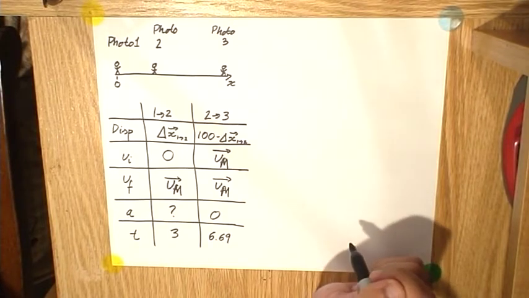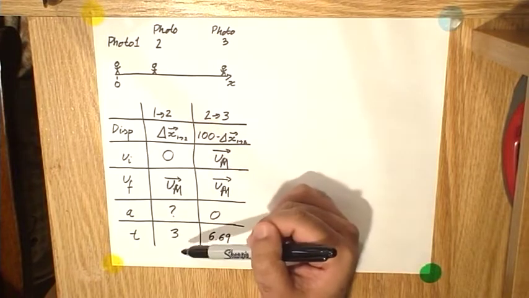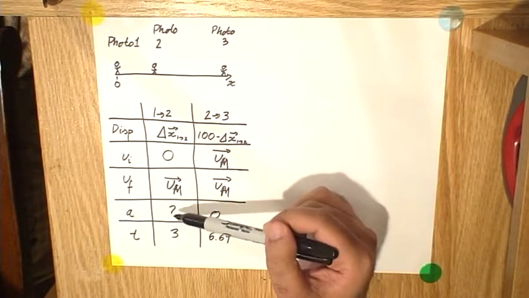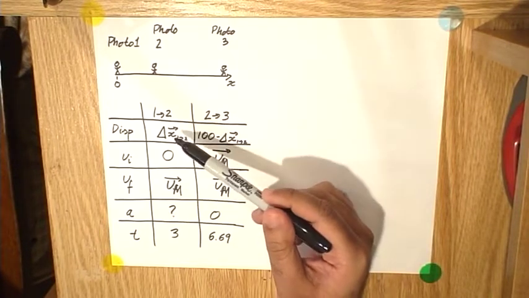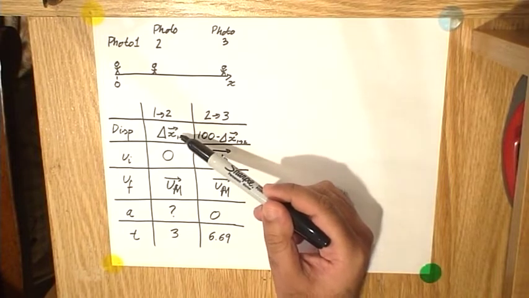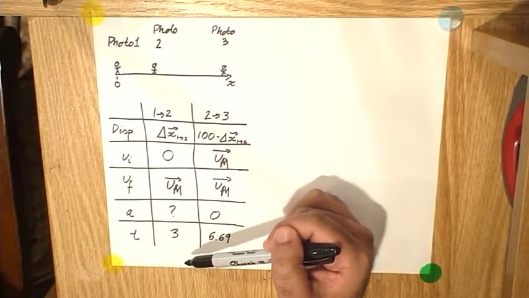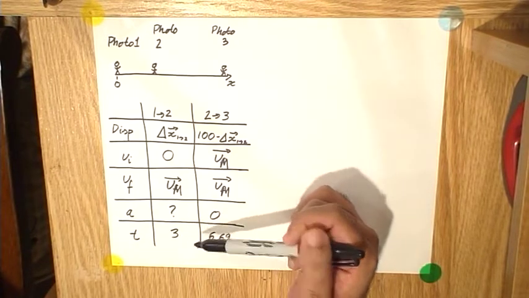So, let us apply toolbox equation 3 to each one of these. The reason why I'm going with number 3 is because between 1 to 2 we don't know the acceleration, but I would like to set up a relationship between the displacement and the maximum velocity, and we can find the acceleration later on. So toolbox equation number 3 is the only one that doesn't use the acceleration.